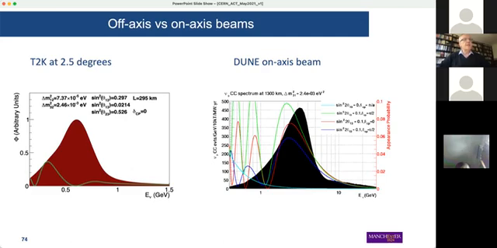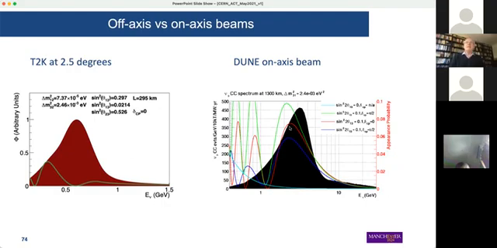And that's basically what we do as a measurement. We measure the flux at the near detector, and then we measure the flux at the far detector, and we look at this oscillation. You see you're basically sensitive to the first maximum here, and here actually to at least 2. And then we compare these to this. These curves are just different values of the parameter set, and that's what we then fit.